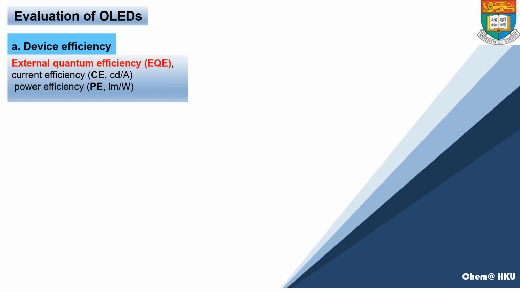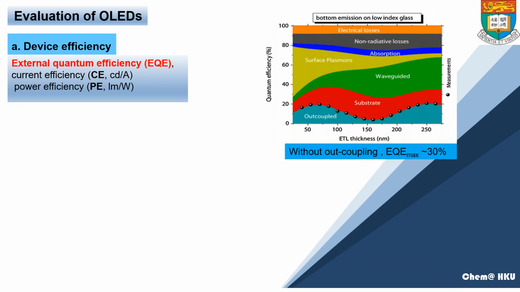Then I will tell you how to evaluate OLED. We always evaluate it from three aspects. The first is device efficiency. We always use the external quantum efficiency (EQE), the current efficiency, and the power efficiency to evaluate.